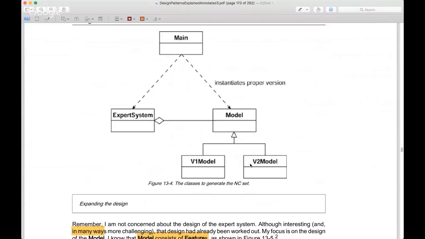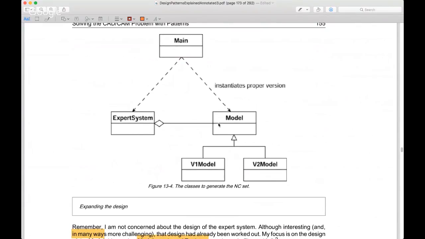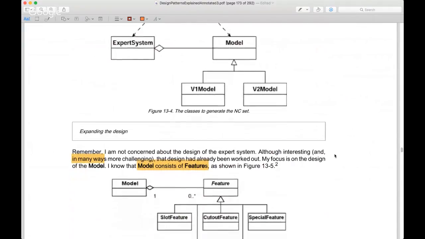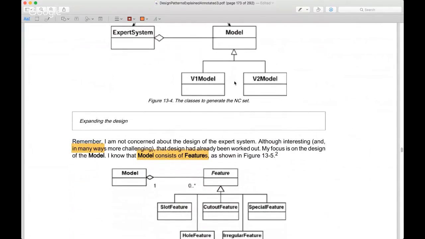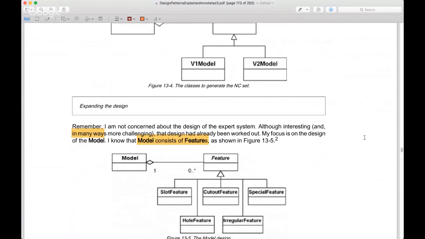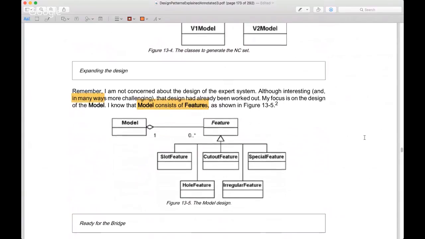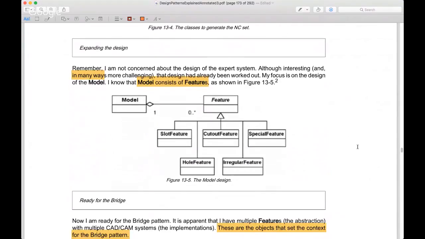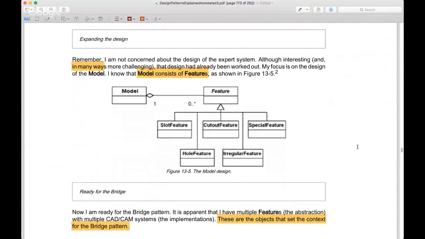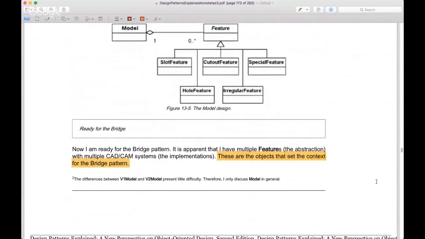So we go down and the expert system is feeding out this information, and it's got models, and the models have to be generated for multiple systems. He's not worried about the design of the expert system, so he just has to start from the model, identify the features, which we've already done.